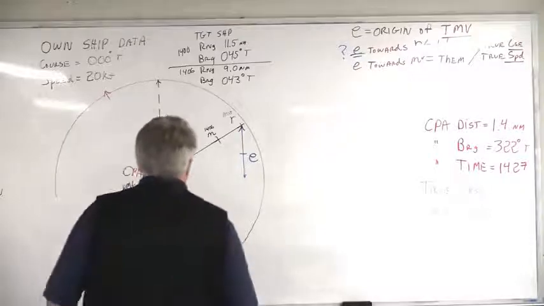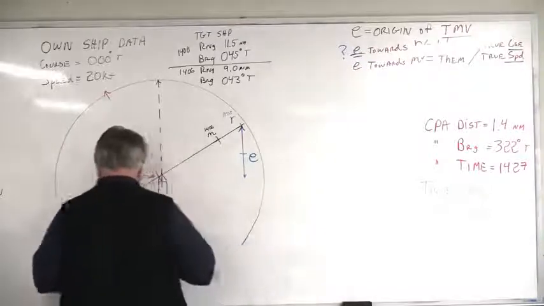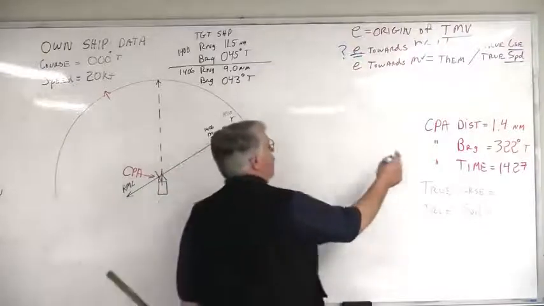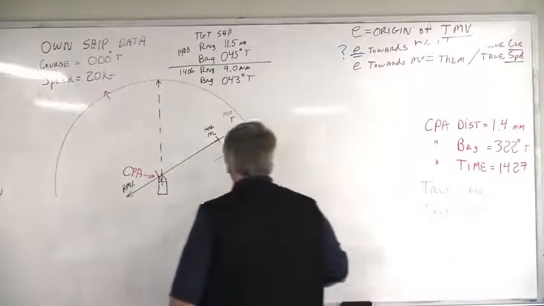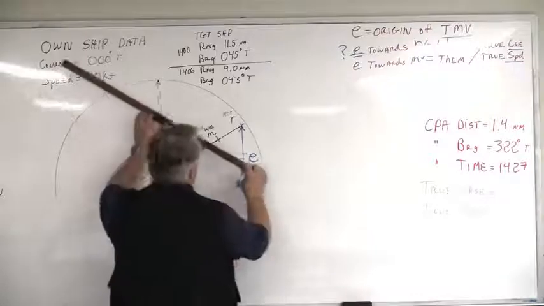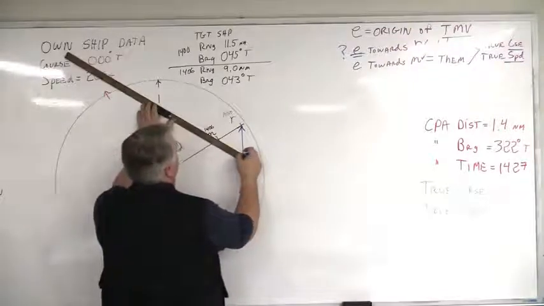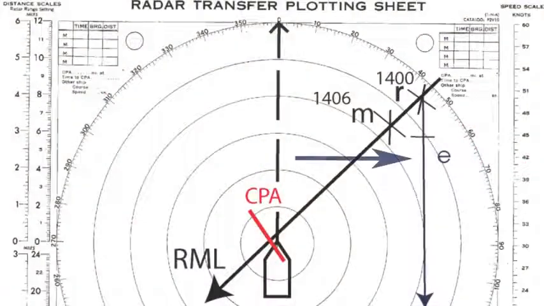Okay, once we establish where E is, now all you need to do is solve for what we're looking for. The target ship true course and true speed. You take your straight edge, go ahead and draw a line from E, be very precise, through M. Now watch me.